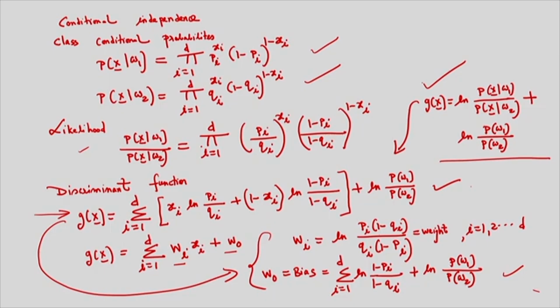Now let us discuss how you can take a classification decision based on this Wi. Wi is the weight. So I am moving to the next slide. Gx I have already obtained, that is nothing but the summation i equal to 1 to d of Wi xi plus W naught, where Wi is the weight and W naught is the bias. And what is Wi?